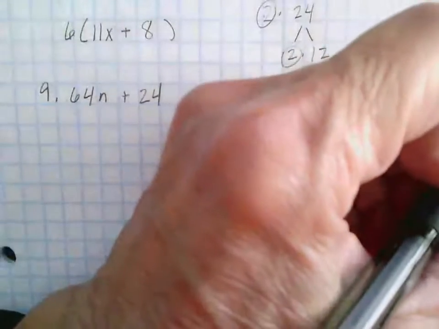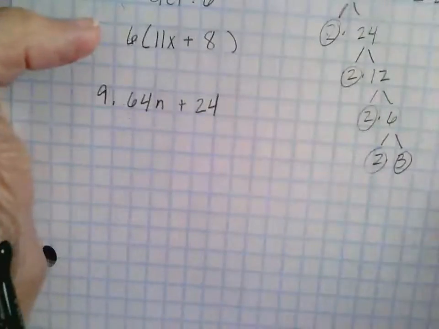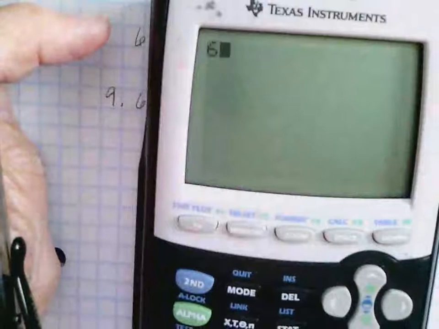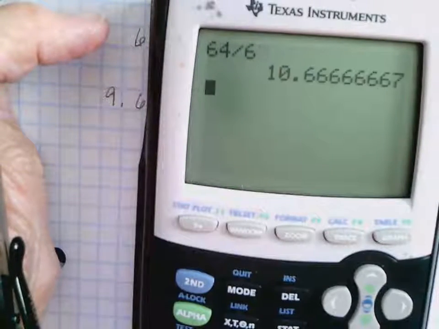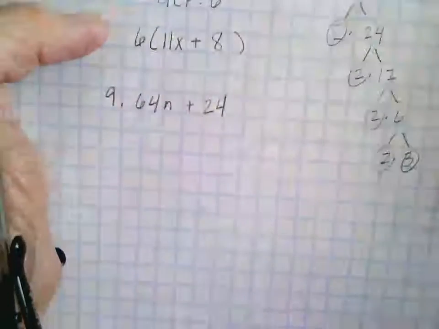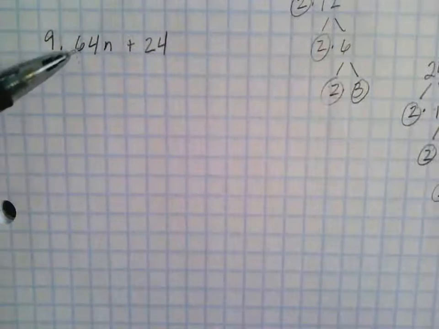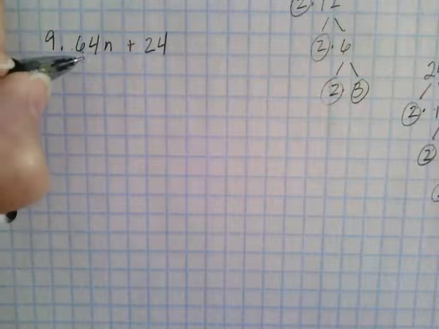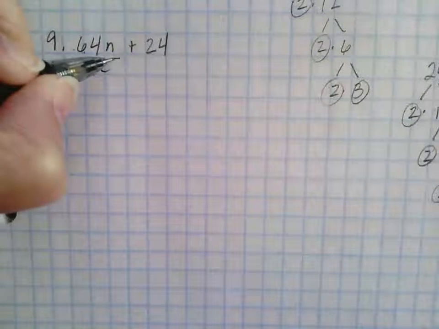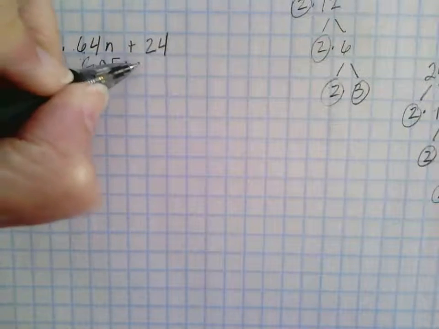And then I have 2 times 3, which is 6. And if I look at 64 divided by 6, nope, that doesn't work either. So it looks like the greatest common factor I have here is 8.